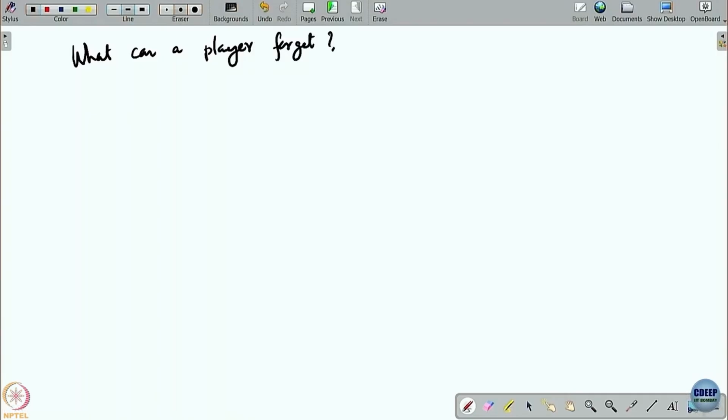This is a multi-agent setting. When you are at some information set, there is probably in its precedence some other information set where the player has previously acted. So we should be able to compare what that player knows at this information set versus what he knew at an earlier stage in the history of the game, along the same path. What are the things that the player could forget?